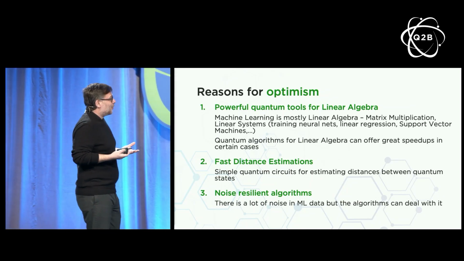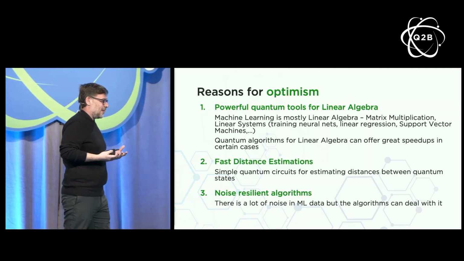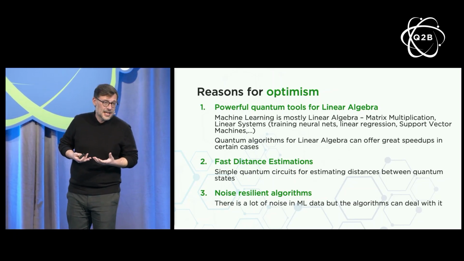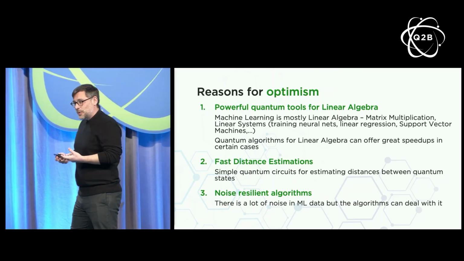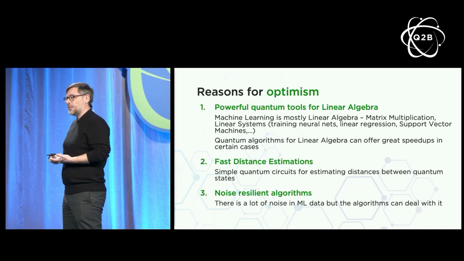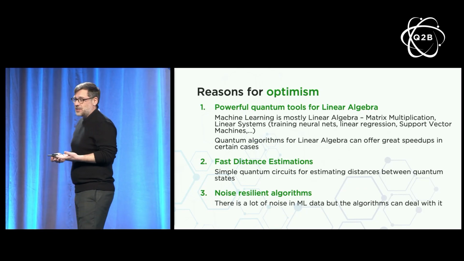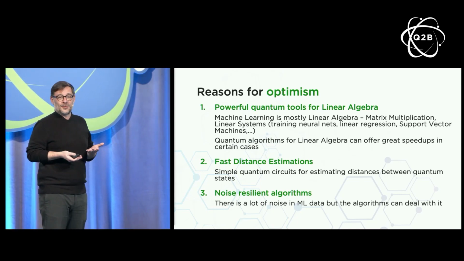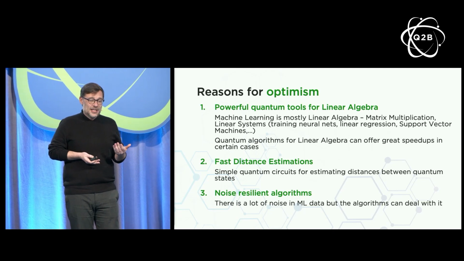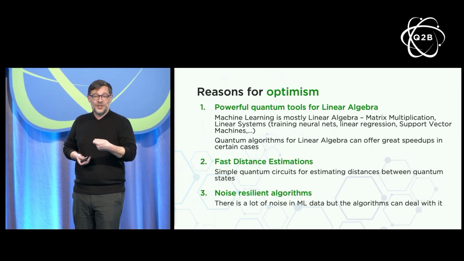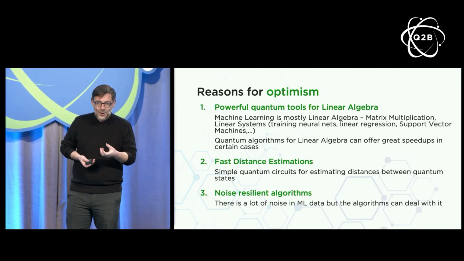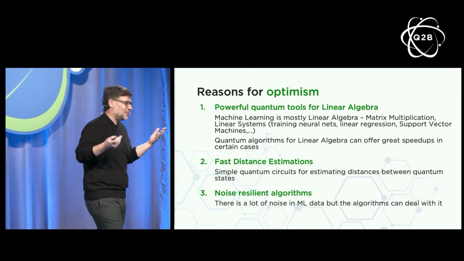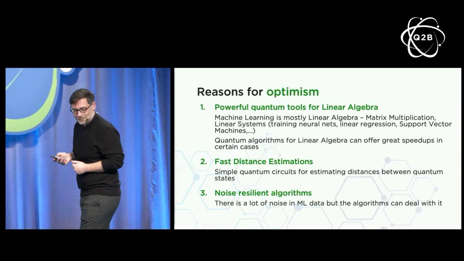So the goal and the hope is that, given that we have ways of dealing with all this noise that exists in the data of machine learning, the extra noise coming from the quantum machine could potentially also be handled. Okay? For example, if we are training neural networks right now, classically, then we actually inject noise artificially into the computation in order to make our algorithms resilient. So with the quantum machine, we don't have to inject noise because our hardware is already noisy enough that it does our job for us.